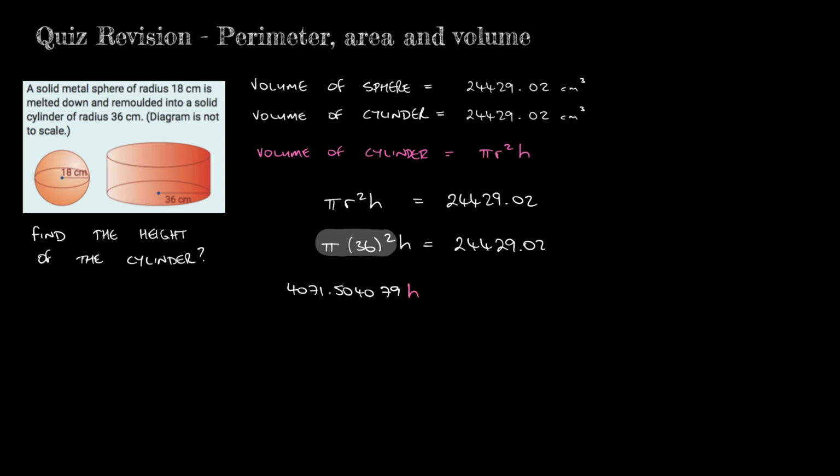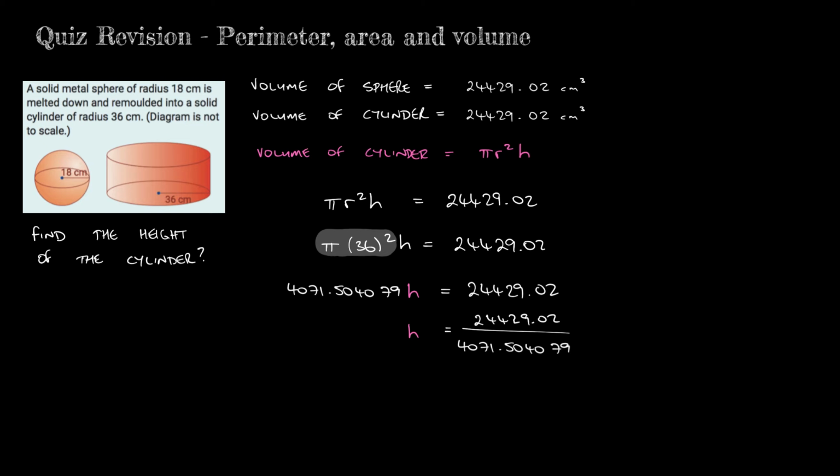Obviously, I still have h in this, is equal to 24429.02. So in order to find out what h is, I need to divide both sides by 4071.504079. I need to divide 24429.02 by all of this. I'm going to bring that over here.